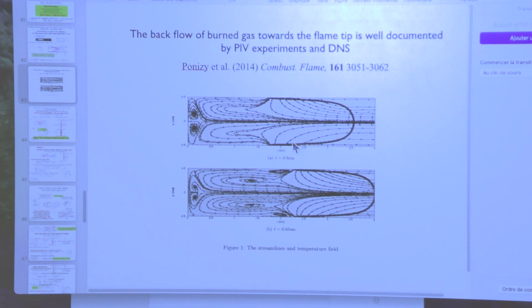This is a curved flame, and here are the streamlines. So it is clear that this backflow does exist, and explains why the tip can propagate so fast. Otherwise, with a laminar flame, it would be impossible. You have to push from behind the flame.